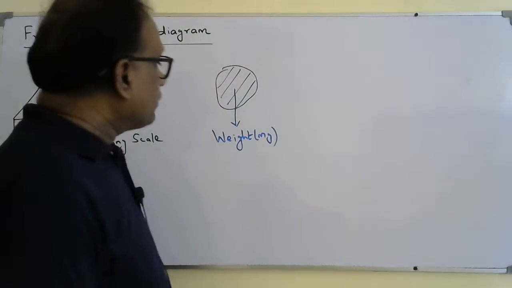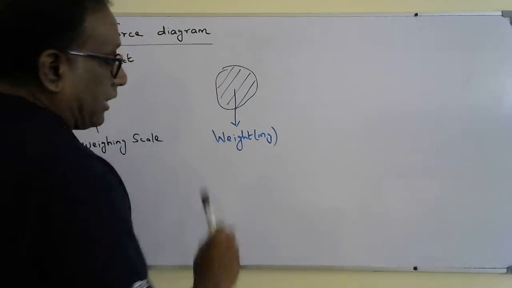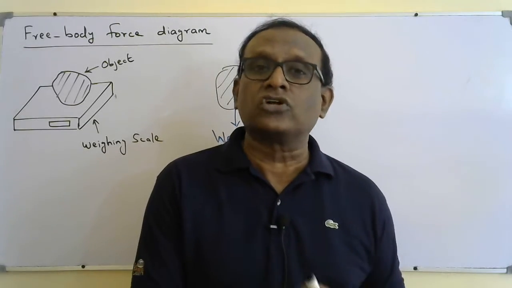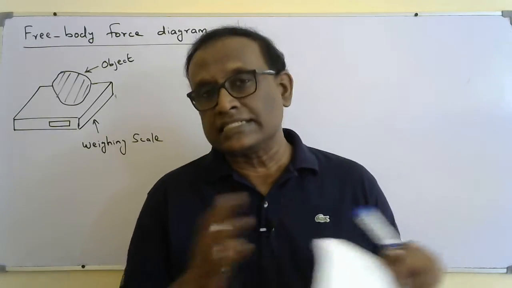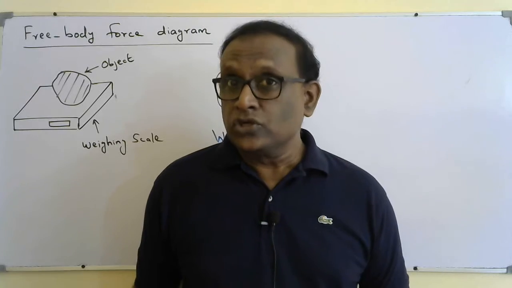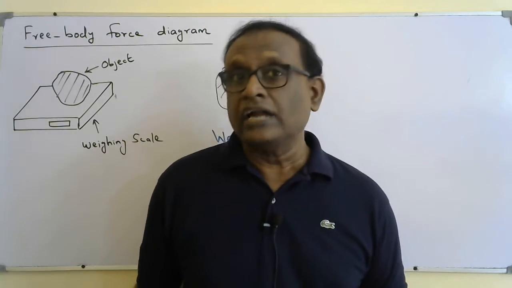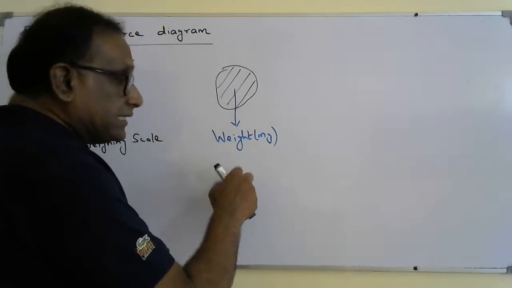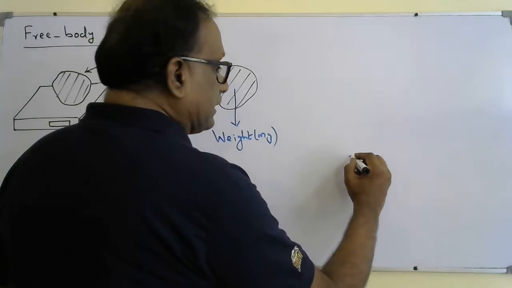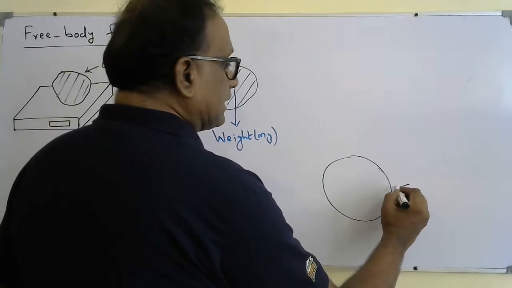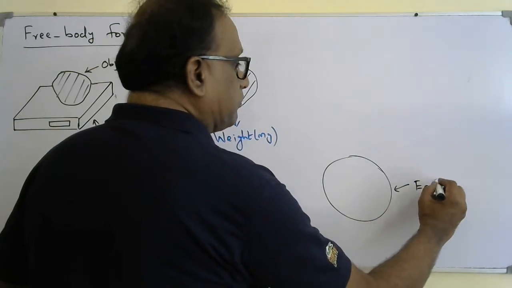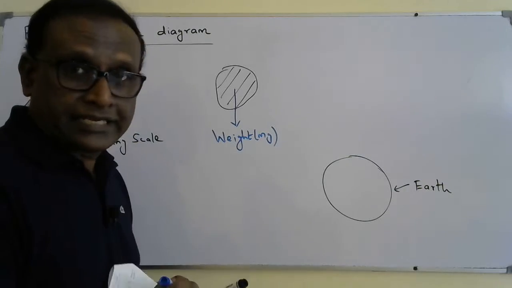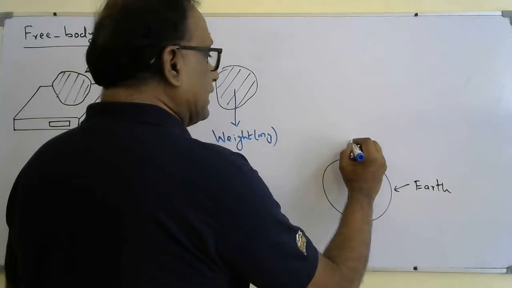So if I think about the third law pair, I call it Newton's third law. When object A exerts a force on object B, object B will exert the same magnitude of force on A. That shows all the forces are paired. You can't find a single force. So when Earth pulls the object down, if I think about the Earth, so this is the Earth, the object will pull the Earth upward with the same magnitude.